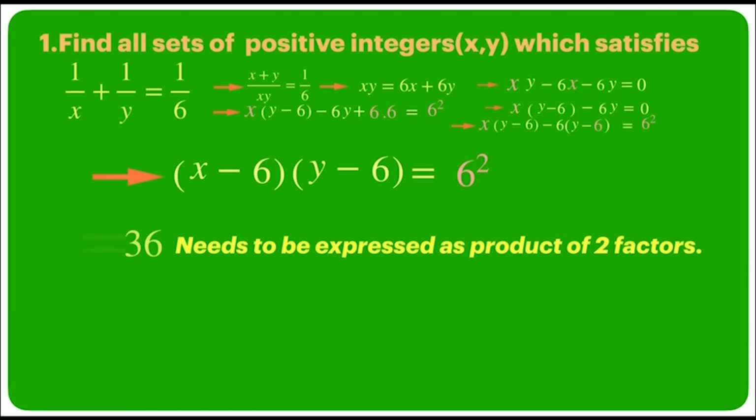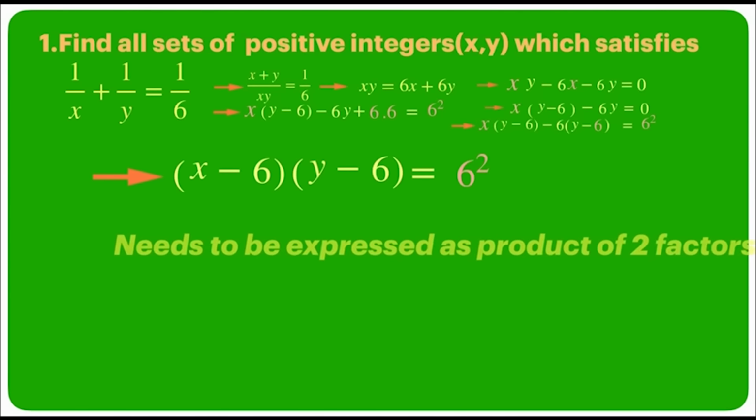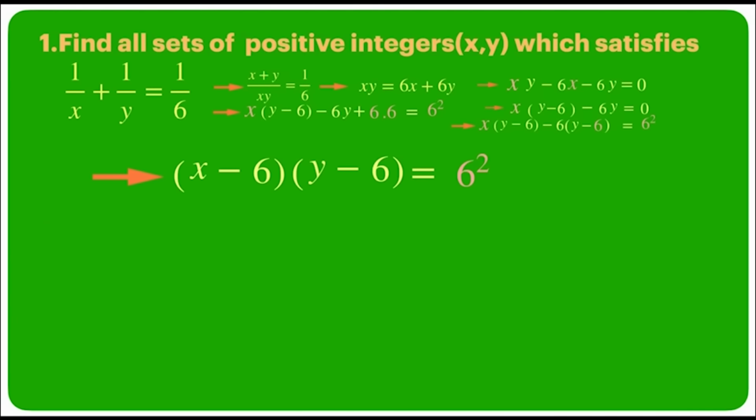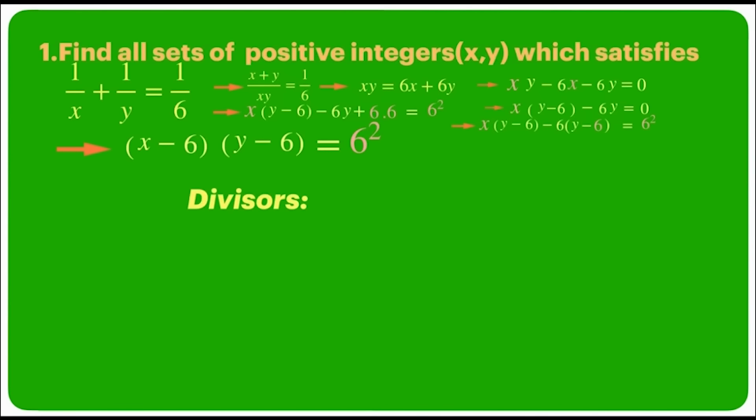So if we can express 6 square as a pair of two factors, then we can easily get the values of x minus 6 and y minus 6, and from them we can get x and y. This is our strategy.